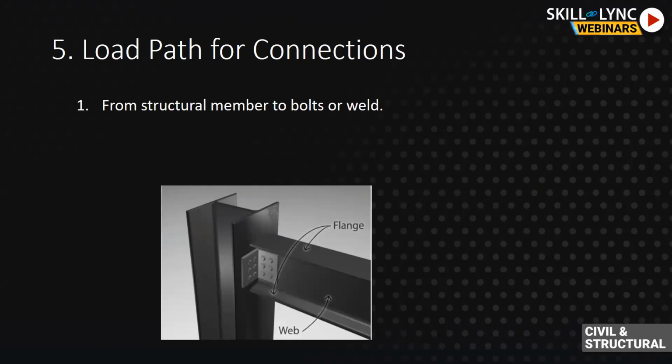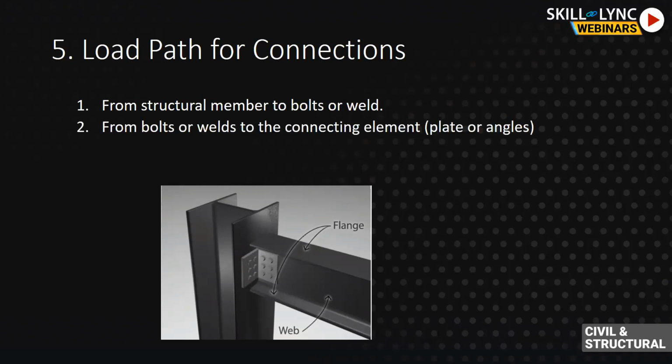So from the structural member, which is the beam, the load will first be going to the bolts here, and the bolts will in turn transfer that load to the connecting element, which is the single angle in this case. And the connecting element will then transfer the forces to the bolts which are connected to the column, these bolts.